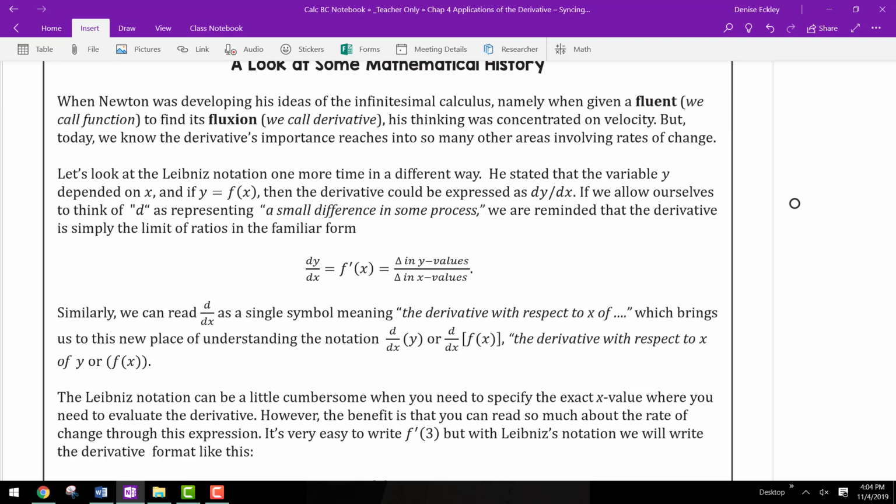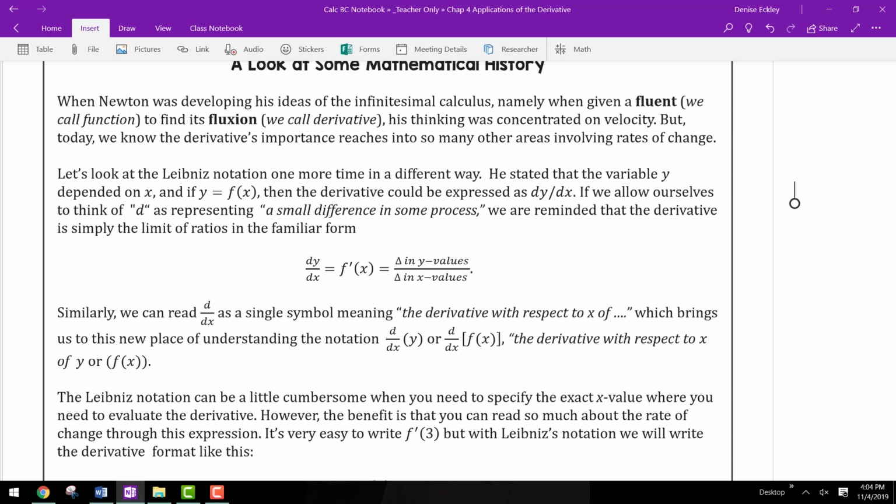Newton was focused on velocity and finding the position of planets relative to their velocity and where they should be. But Leibniz was looking at it in a more theoretical way. So he came up with y equals f of x, and then he expressed things as dy/dx.